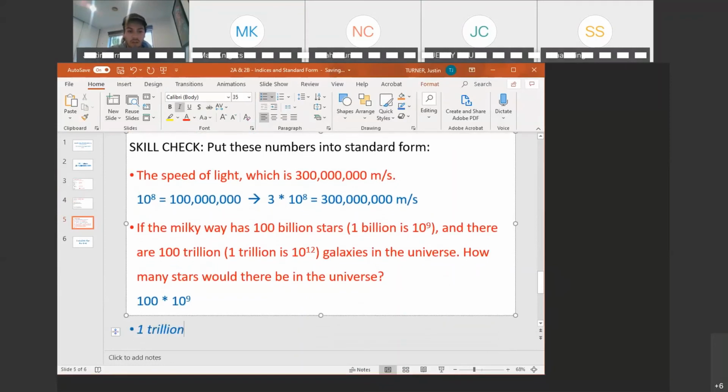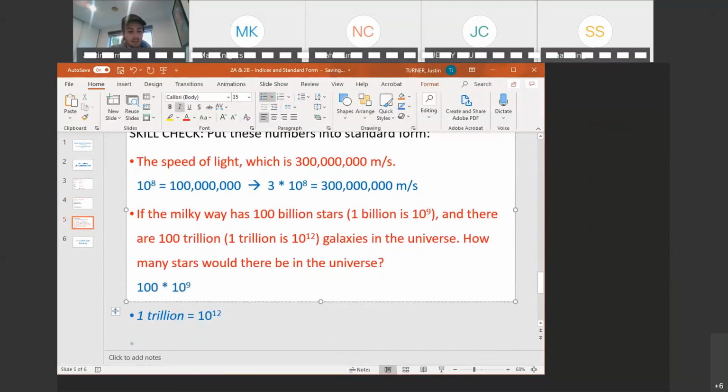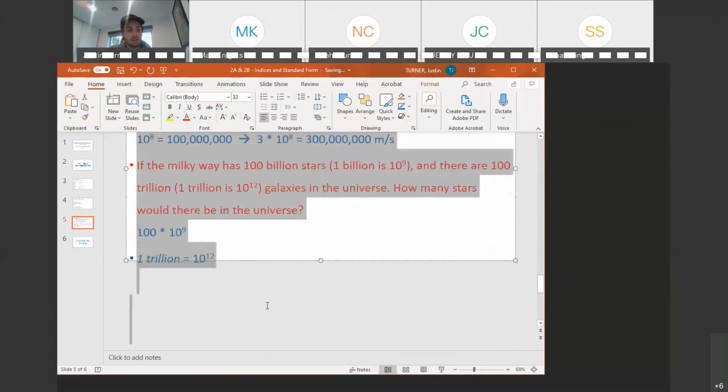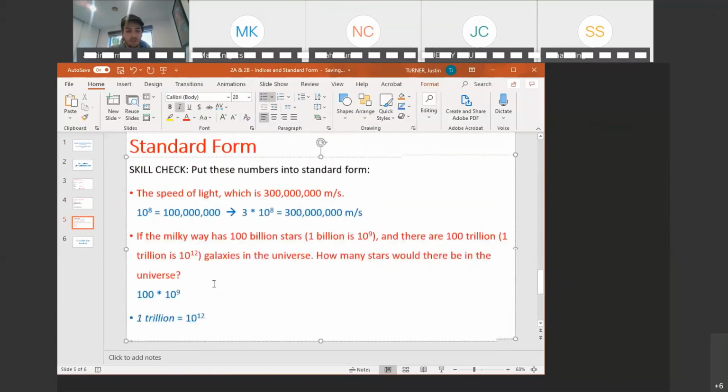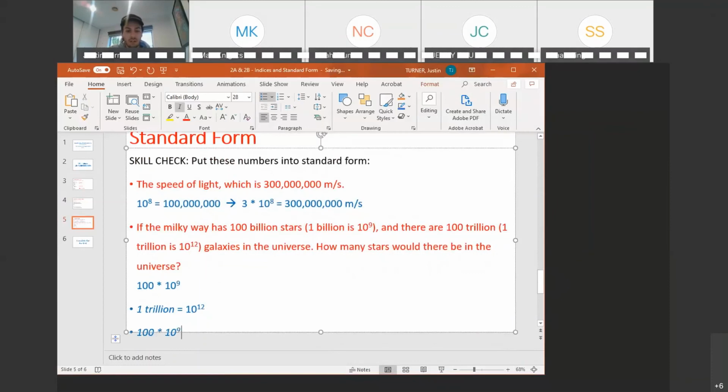The question also tells us that 1 trillion is 10 to the power of 12. So if we've got 10 to the power of 12 galaxies, and in each galaxy there are 100 billion stars, to find the total number, what we're going to do is multiply that by 1 trillion.